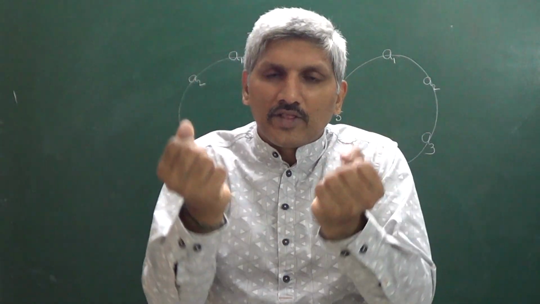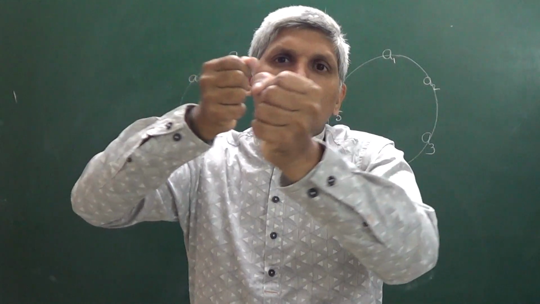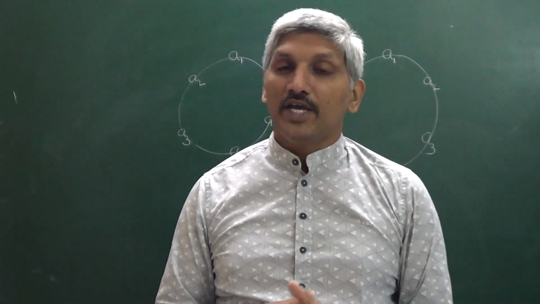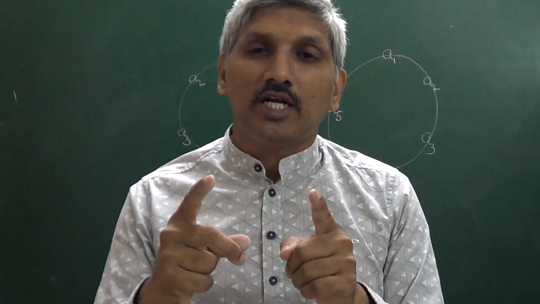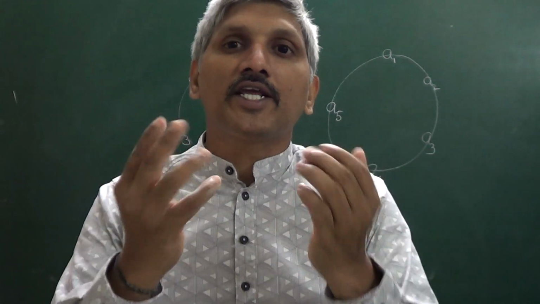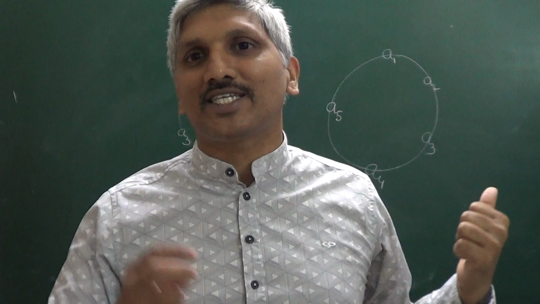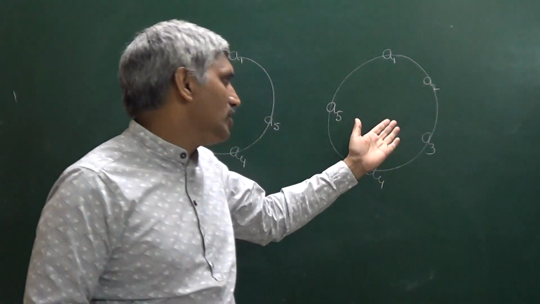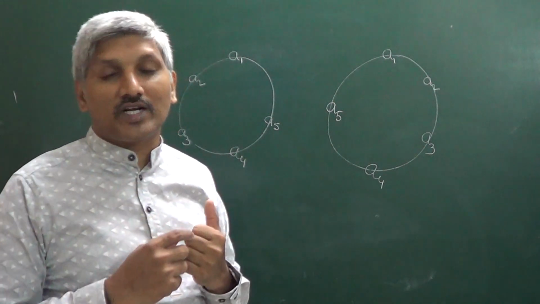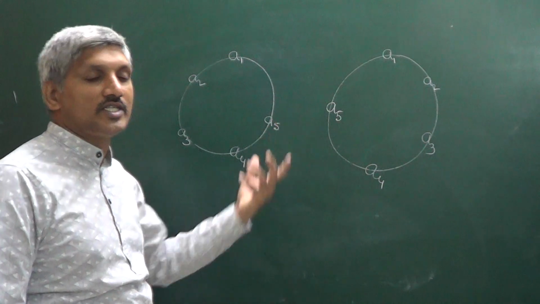Whether you are hanging it like this or turning it in this way, it makes no difference. That's why in case of garlands, where there is no significance for clockwise and anti-clockwise directions, the number of permutations becomes exactly half, because these are two different cases that become the same.